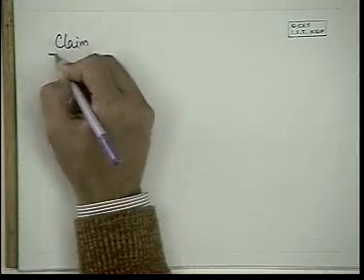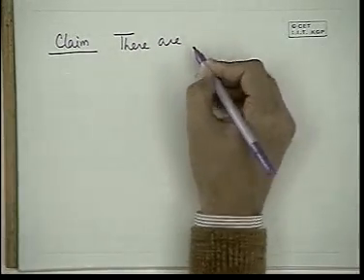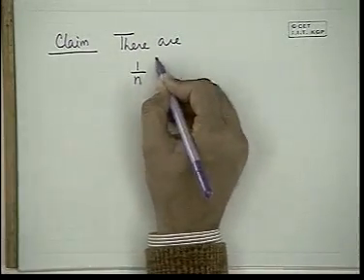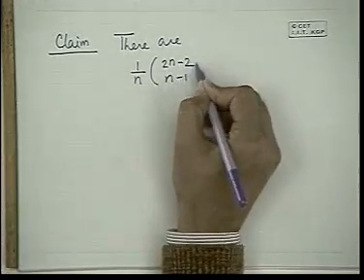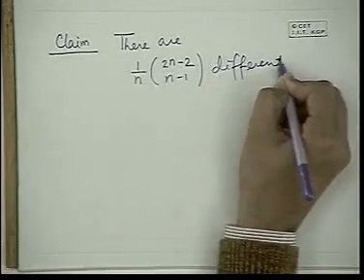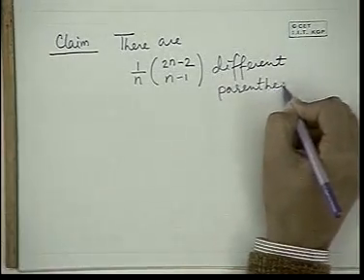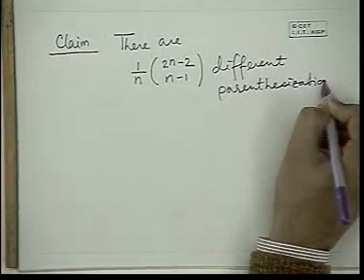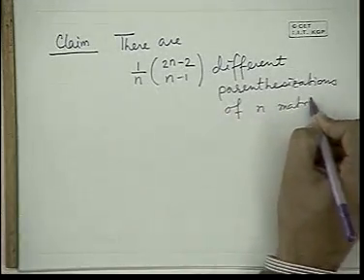So, I will just claim this. Our claim is there are 1 over n, 2n minus 2 choose n minus 1 different parenthesizations of n matrices.